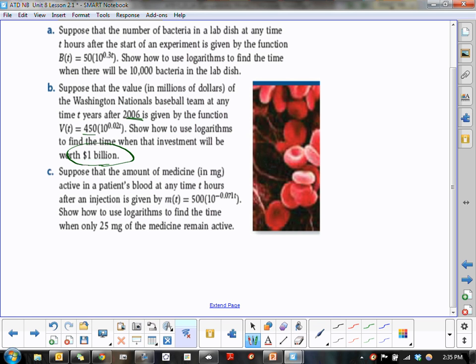Do you remember how many millions there were in a billion? Imagine having 1,000 stacks of a million to finally get to a billion. We want our 450 million to reach 1,000 million dollars. If we had a growth rate, and this 10 to the 0.02 t, that's your 5% growth rate, which they said is pretty modest.